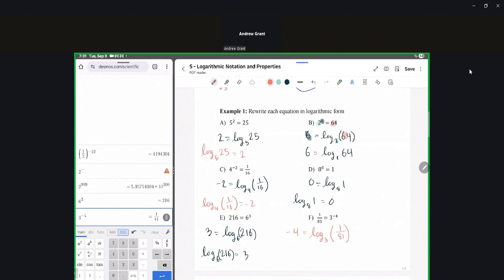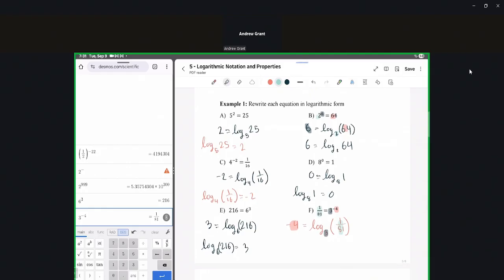Just to highlight the difference here: there's the exponent, there's the exponent. Here's the equivalent in the logarithmic form. Here's the base, here's the base. And 1 over 81 is the number, and that's the argument. Typically, what I've found in my experience is that students will never usually mix up where the base goes. They usually mix up where the other two go. So that can happen on occasion. Okay, let us continue on.